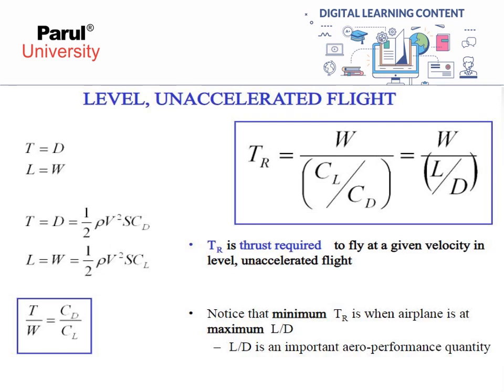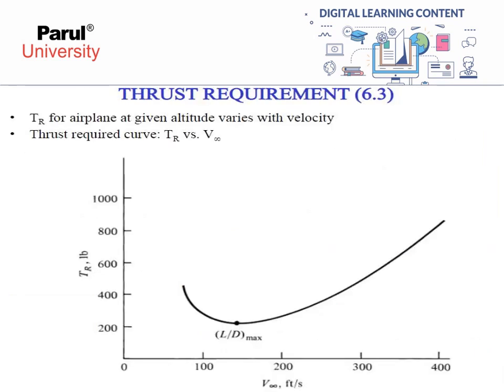Okay. Now, the thrust requirements. The TR for airplanes at a given altitude varies with velocity. Then thrust required curves, TR versus V infinity. We can see in the figure, TR is represented on the y-axis in lb and V infinity on the x-axis in feet per second.